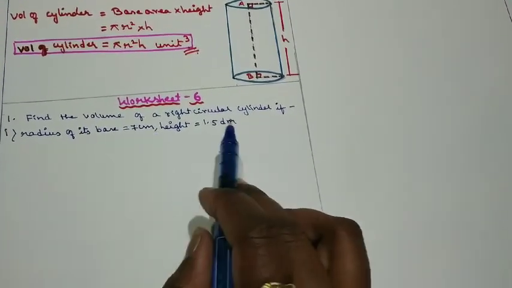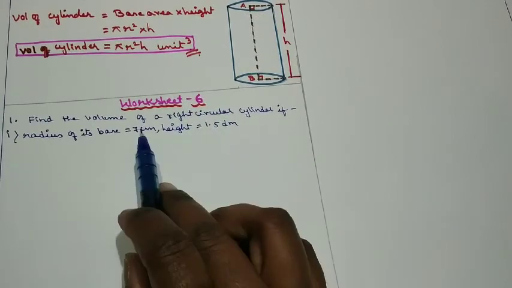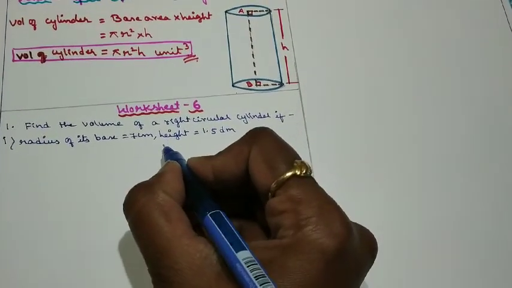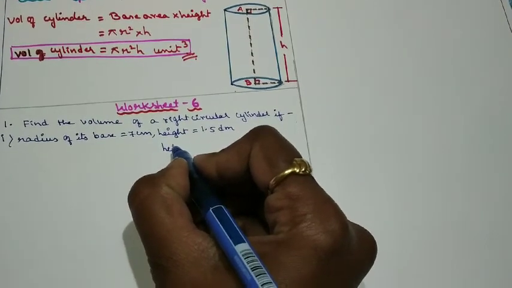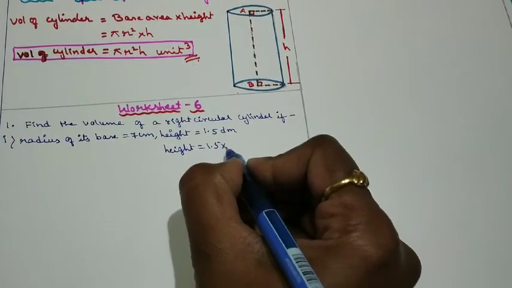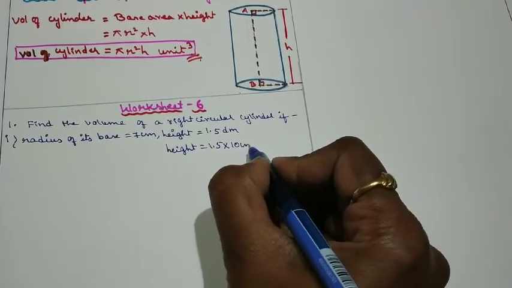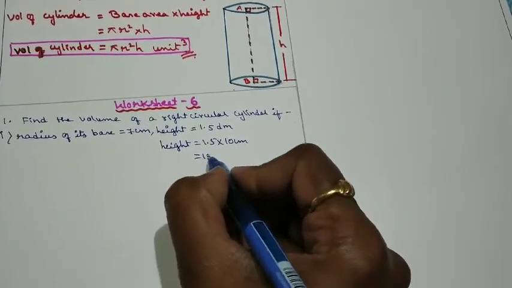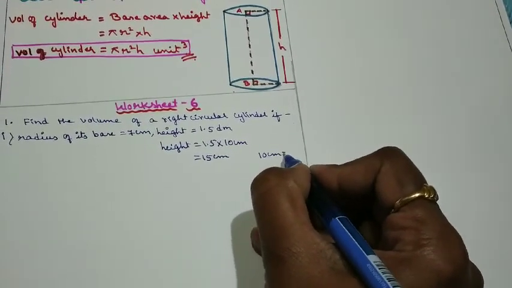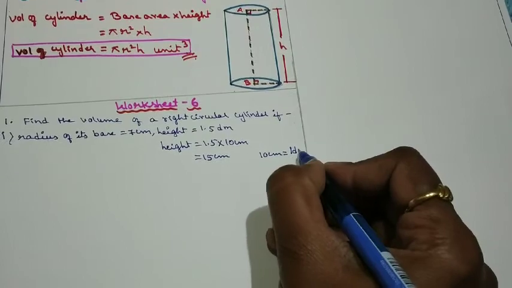Here the units are different, so we need to convert into the same unit. Let me change the decimeter into centimeter. Height equals 1.5 into 10 centimeter, equal to 15 centimeter, because we know that 10 centimeter equals 1 decimeter.